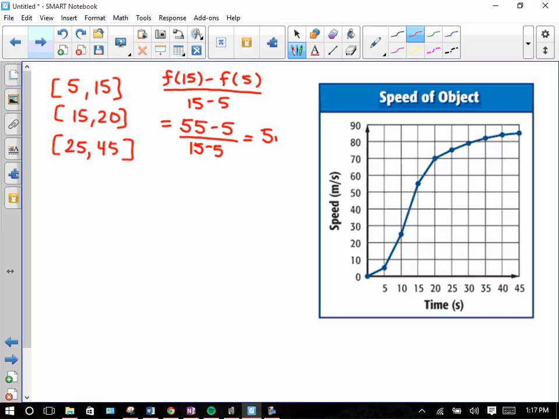Speed is meters per second. Okay. So again, that's just average rate of change, but instead of plugging something into a function, we're using a graph.